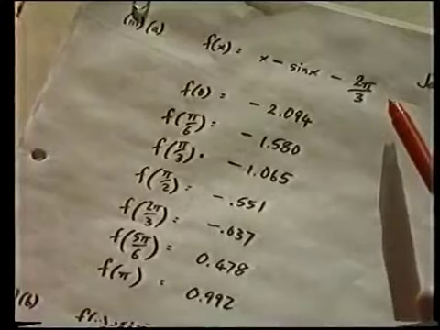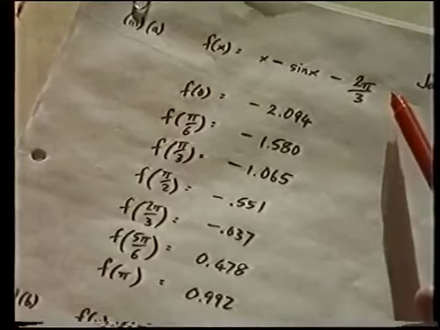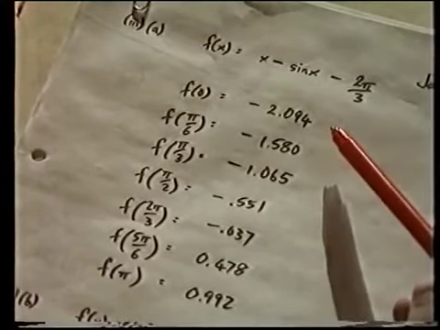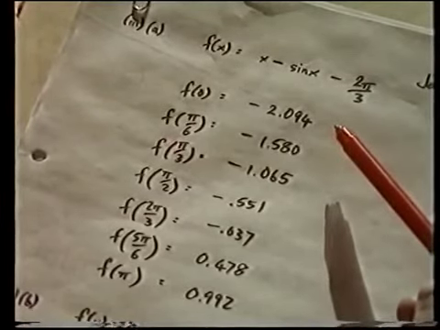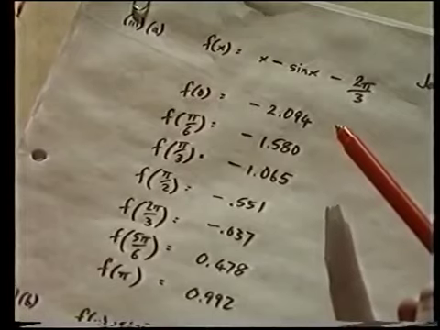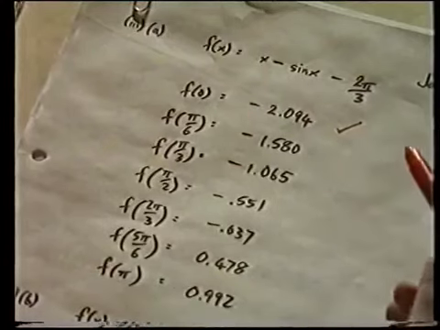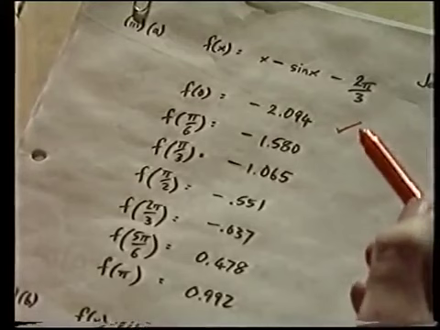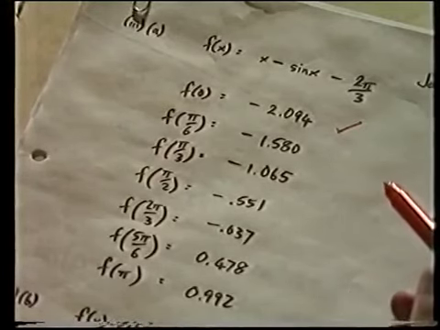Now, what this student has done is written down the rule for f, and now he's got f of 0 equals minus 2.094. Well, I'll have to check that answer up on my mark scheme, and it agrees. Now, for f of pi by 6, the student has got minus 1.580.